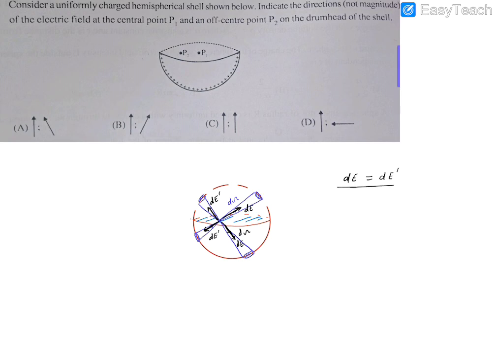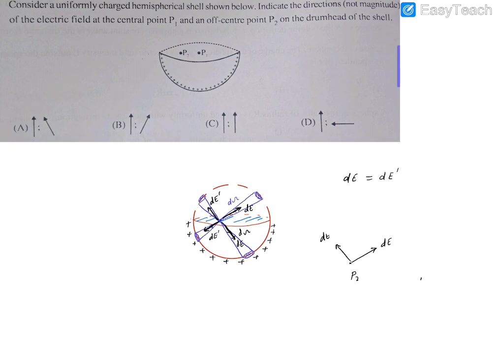Now we have already claimed that this dE dash and dE both are identical in magnitude. Now if you think, because of this downside portion which we had, and if we consider these two elements, one will have the field in this direction, another in this direction. So we can say at this P2 location, there is a field dE and there is a field dE dash.